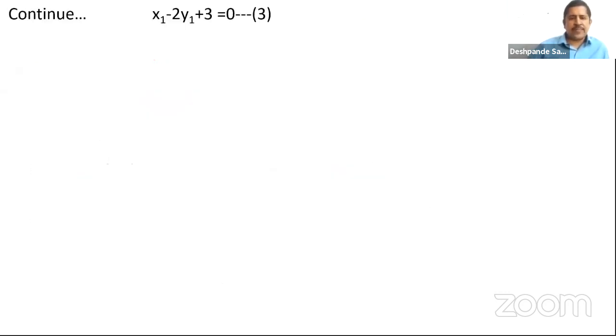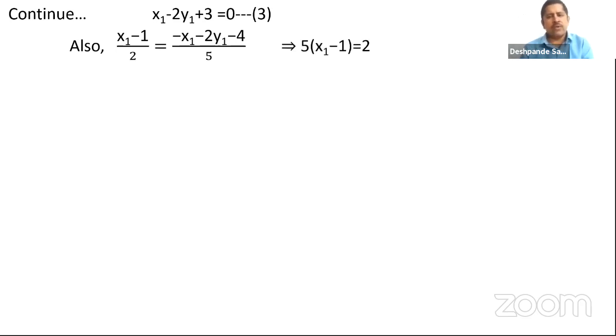Likewise, you take another pair, (x1 minus 1) divided by 2 is equal to the last terms, (minus 2x1 minus 2y1 minus 4) divided by 5. So cross multiply. So 5 into (x1 minus 1) is equal to 2 into (minus x1 minus 2y1 minus 4). Expand this.